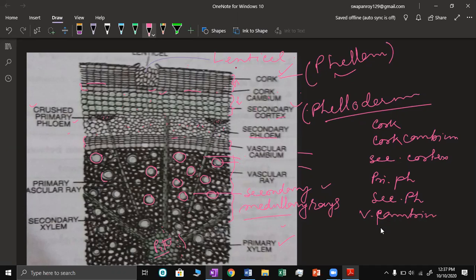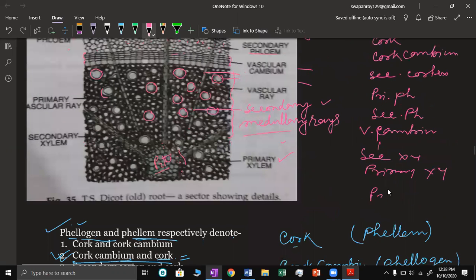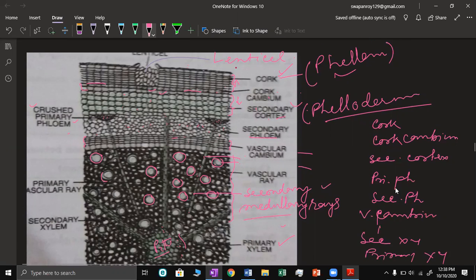After that, the secondary xylem, then primary xylem, and at the center is pith. So this will be the sequence in a mature dicot stem where secondary growth has taken place, from outer to the inner.